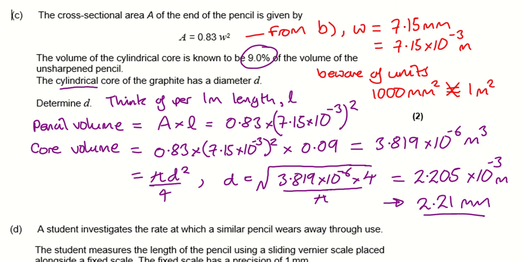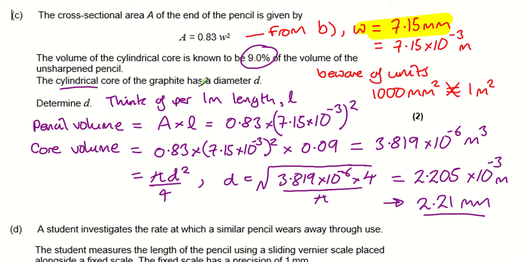Then we get into weird. They've told you that on this octagon, the cross section area is 0.83 multiplied by the square of the width. So that's not your pi d squared over 4. It's 0.83 width squared. What they're not very clear on is to use the width that we got from the previous question.